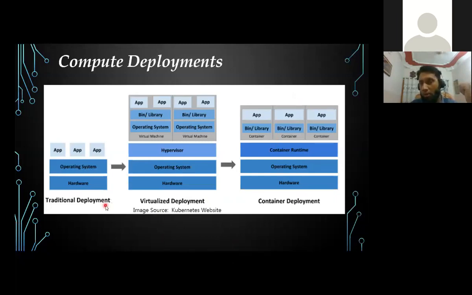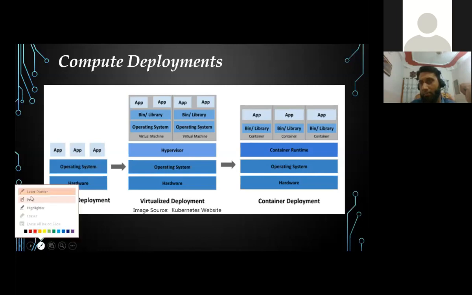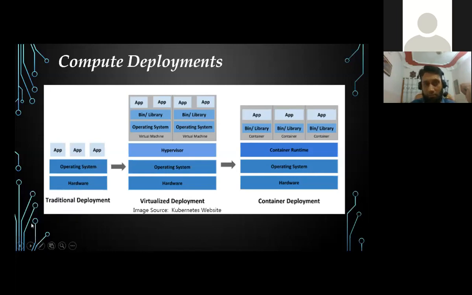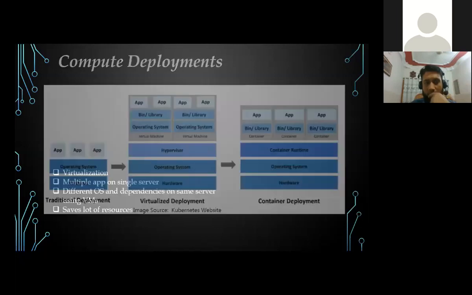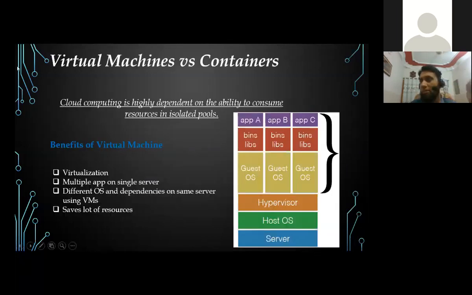So now if I go back to the slide, this is the example which I have given you for the VM. A virtual machine is nothing but a server, then we have an operating system, and then a hypervisor layer, and the hypervisor layer will create a different set of virtual machines, and each virtual machine is separate.